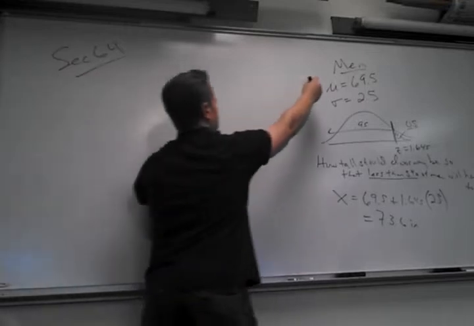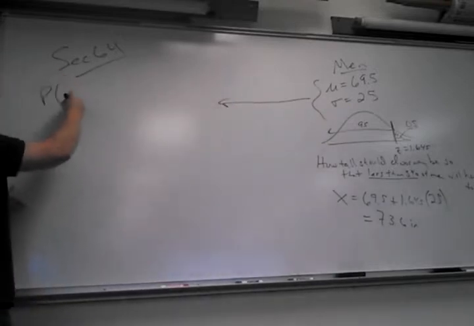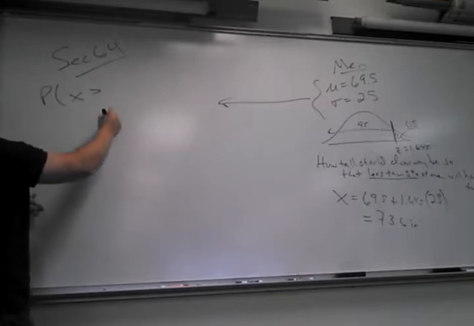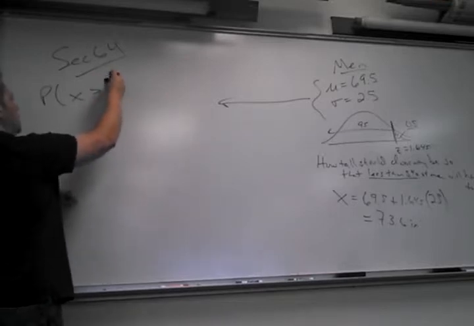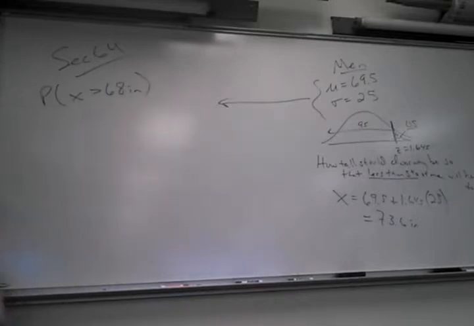So given this, what's the probability we pick a dude who is taller than 68 inches, who's more than 5'8"? So do that real quick. You can't do enough of these problems, so one more of these is good.